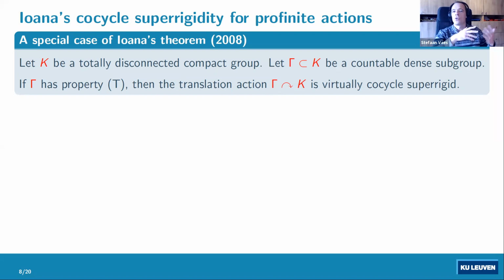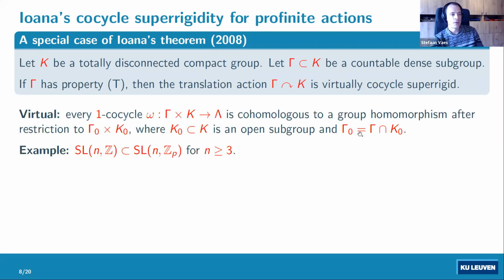This is completely orthogonal to Bernoulli actions. Bernoulli actions are entirely non-compact in any way. And the theorem that Ioana proved is that if gamma has property T, then any such translation action with K totally disconnected and compact must be virtually cocycle superrigid.